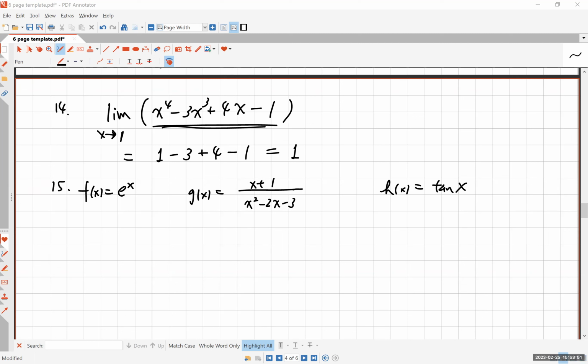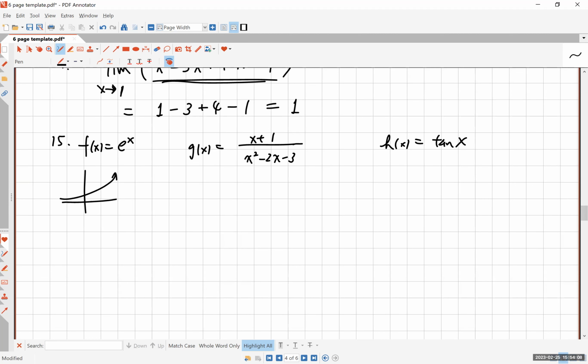Number 15, identify and classify each point of discontinuity in each of the functions below. E to the x, the graph is like this. It's always continuous. That's one of the most important facts, by the way, of all of mathematics. E to the x, the exponential function, which is arguably the most important function in mathematics, is continuous at every single point, and it will never become 0, okay?